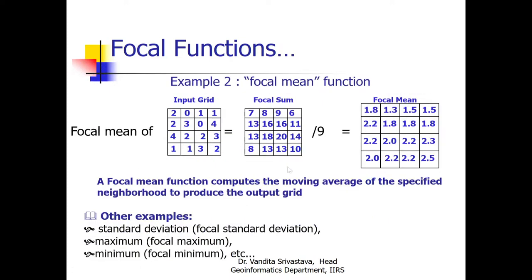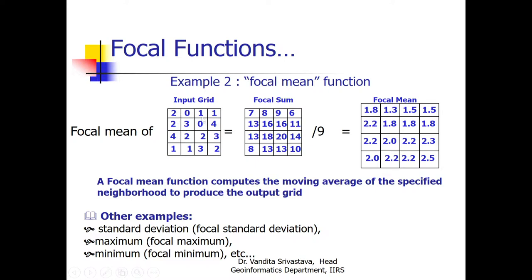Instead of focal sum, you can calculate focal mean, focal standard deviation, focal maximum, focal minimum, and this slide shows how focal mean is calculated. So you can perform a focal operation and then a local operation of dividing each cell by the value 9 to get the focal mean. You can also do it directly in one go itself. So here you could say 16 divided by the number of pixels, that is 9.